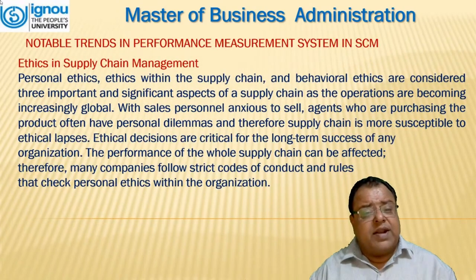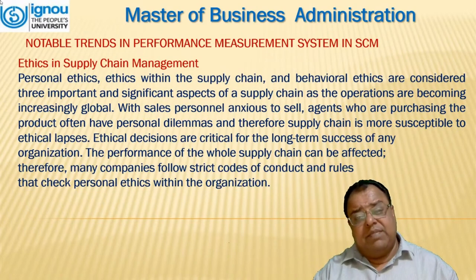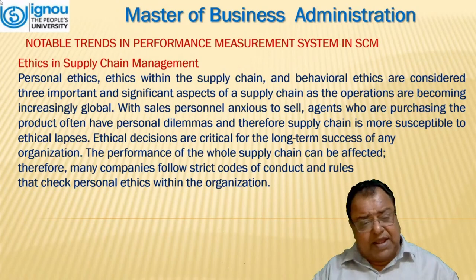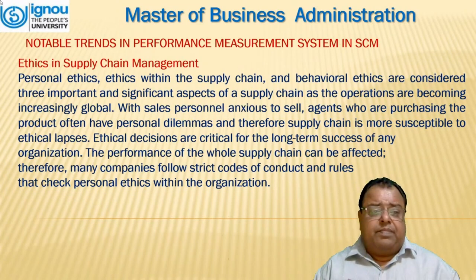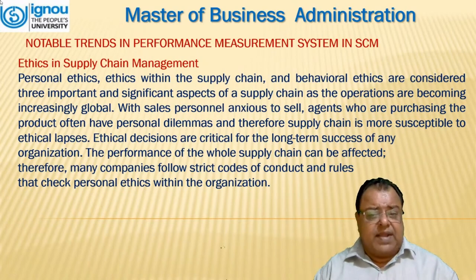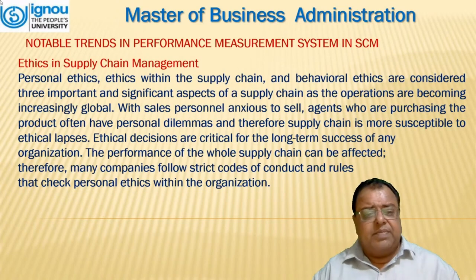What are the notable threats in the performance measurement system in supply chain management? Ethics in supply chain management: personal ethics, ethics within the supply chain, and behavioral ethics are considered three important and significant aspects of the supply chain as operations are becoming increasingly global.